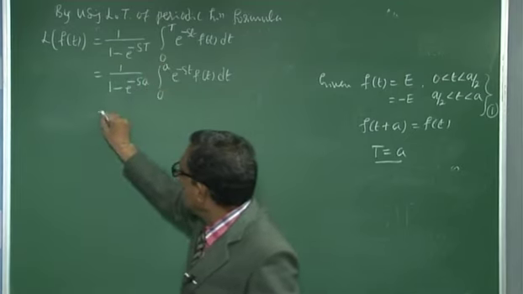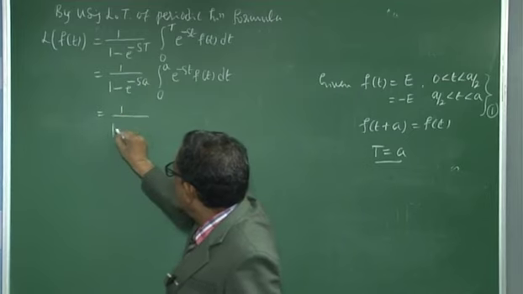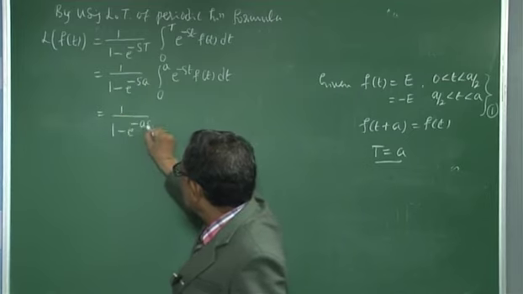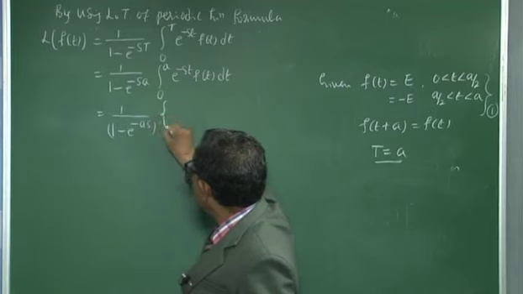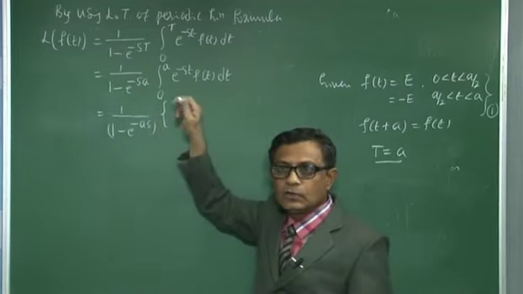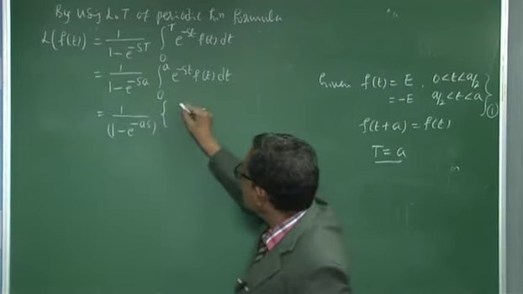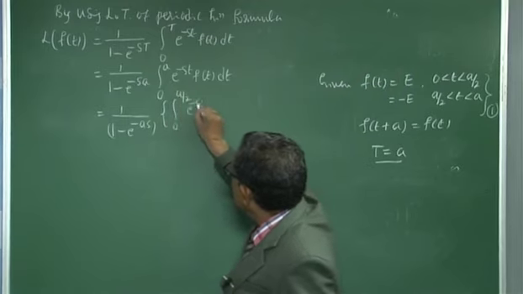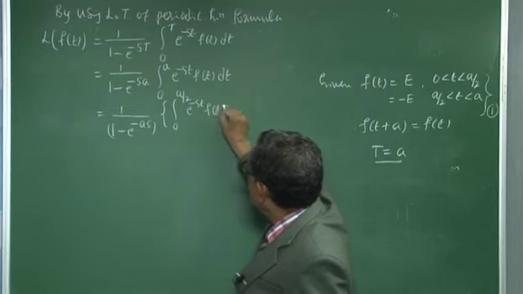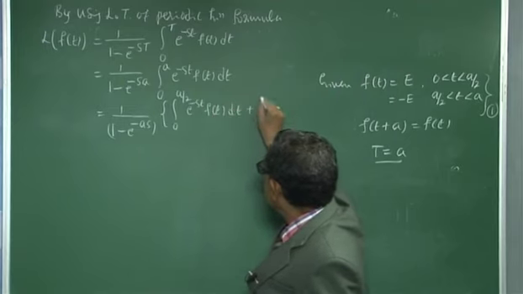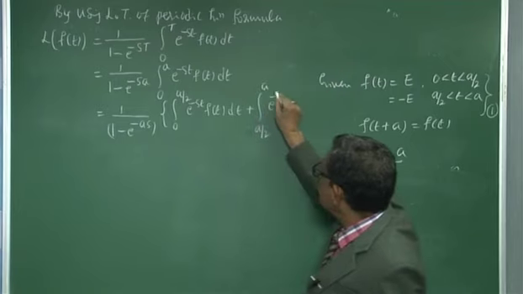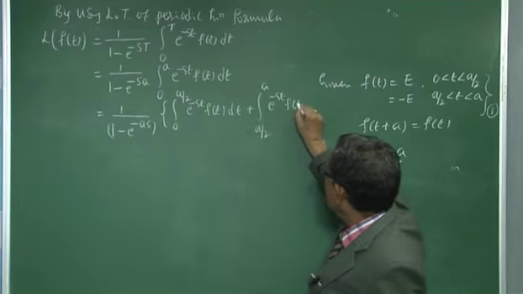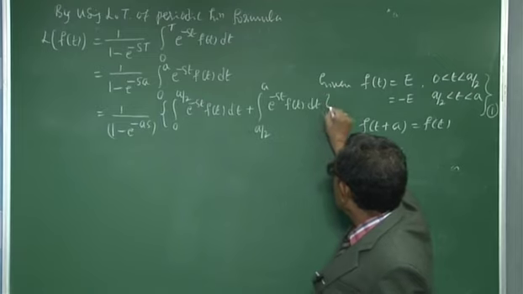Now, according to the given function, you have to split the interval 0 to a as 0 to a by 2, e raised to minus st f of t dt, plus a by 2 to a, e raised to minus st f of t dt.